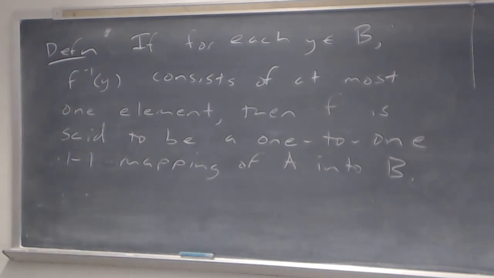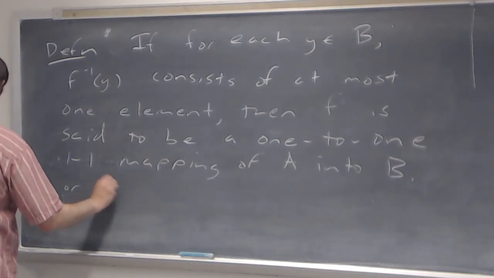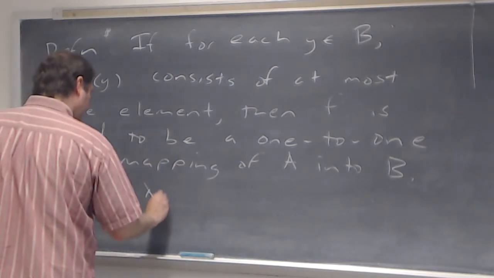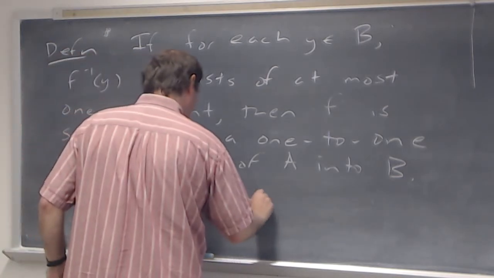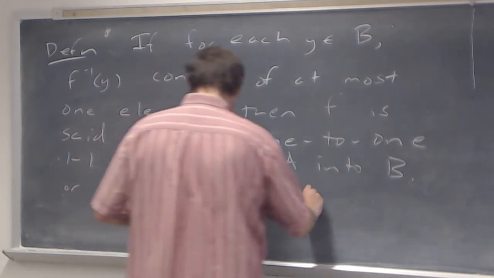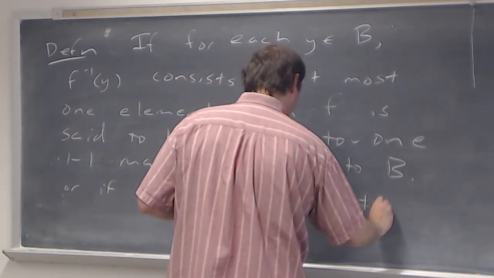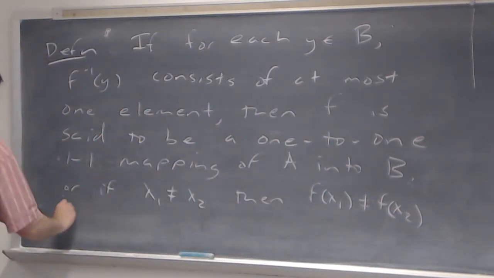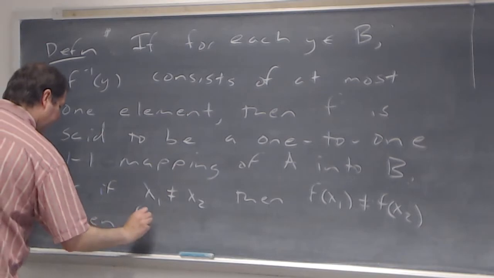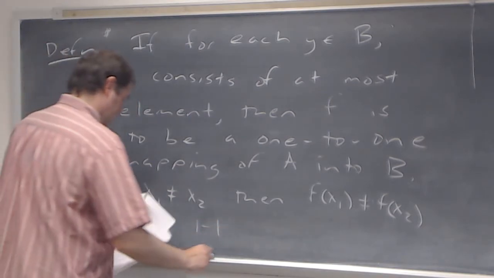Another way of thinking about this: if x1 is different than x2, then f of x1 has to be different than f of x2, and f is a one-to-one function.